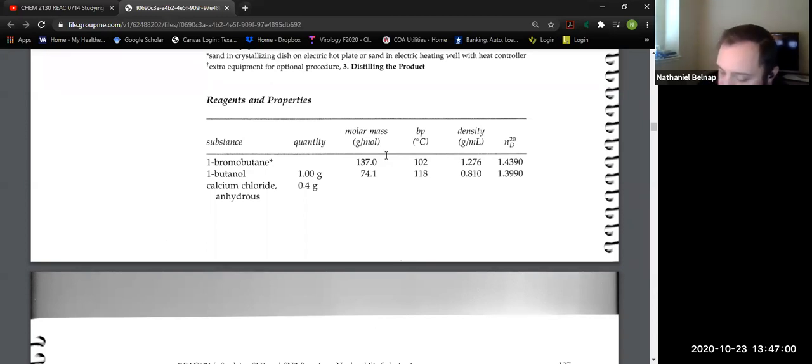So in order to get percent yield, that is equal to your actual yield over your theoretical yield. And we know both of these values, so we have 1.447 over 1.84.